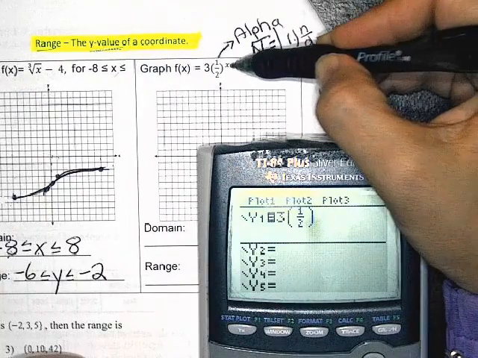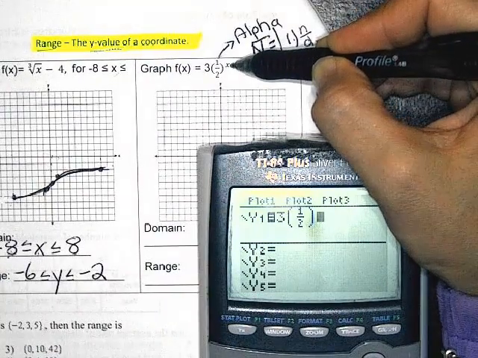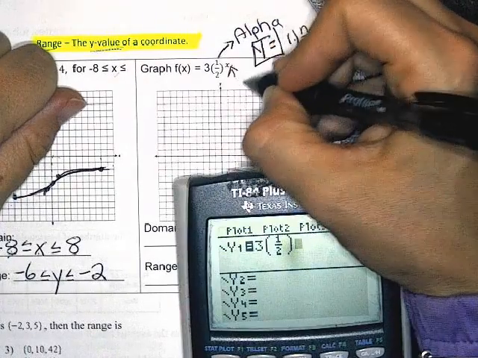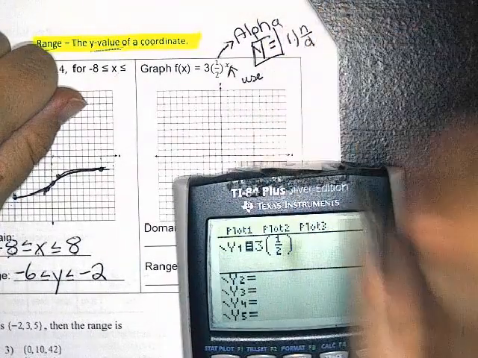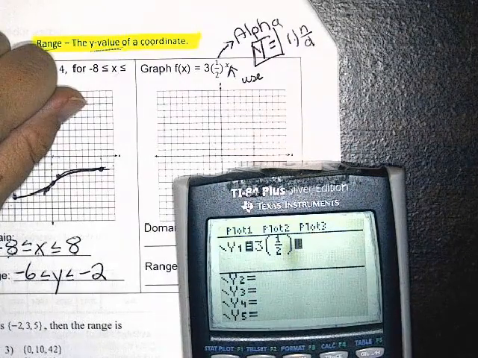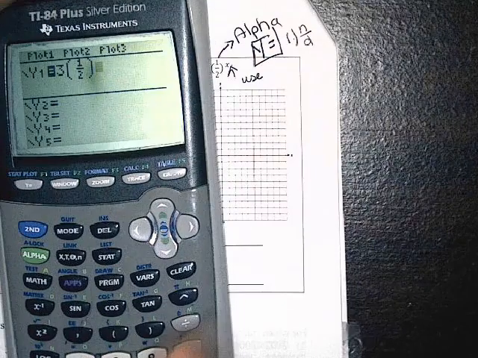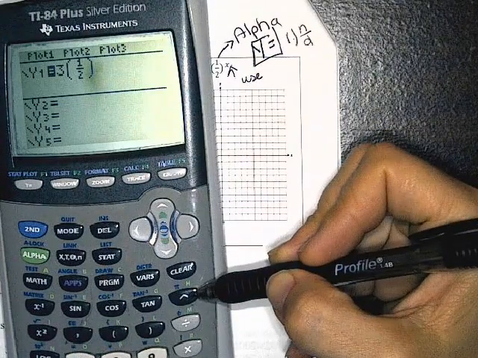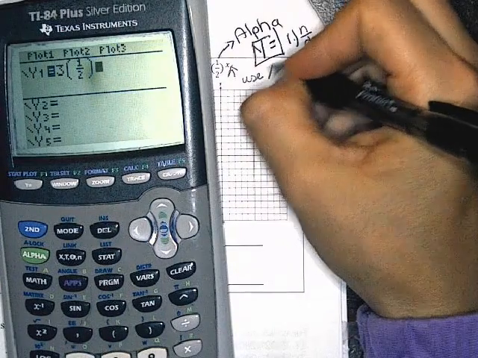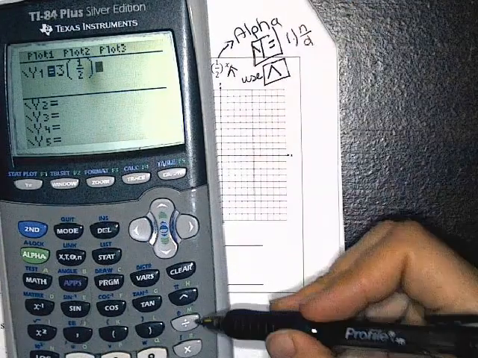Now, how do you get the x to go up to the top? Which key is that? There's a button on your calculator that they call a caret key. I can tell you where it's at. This is your caret key. To get that power up there, you'll want to type this button, which is right above your division key.